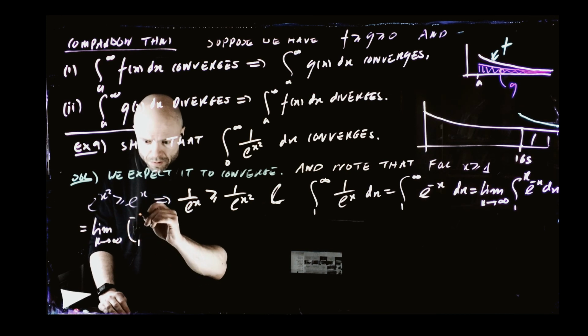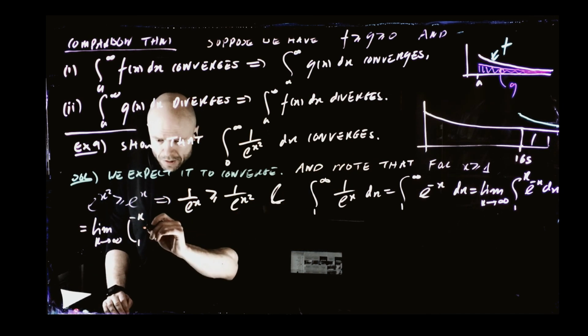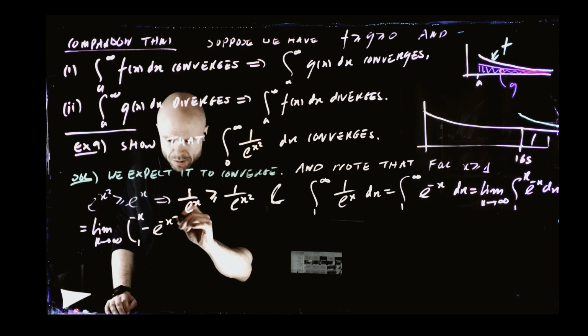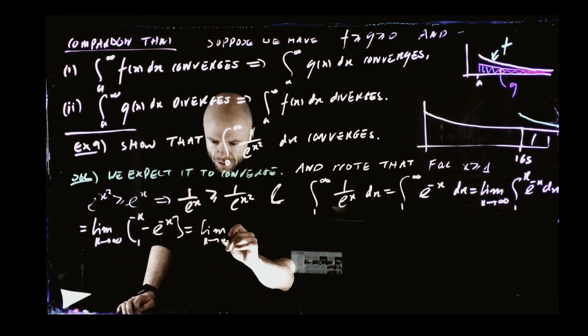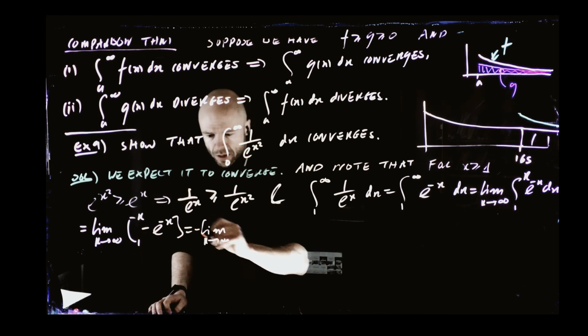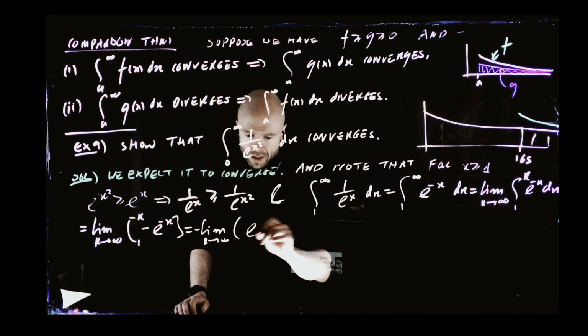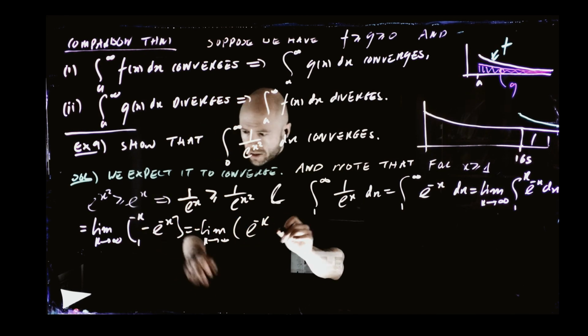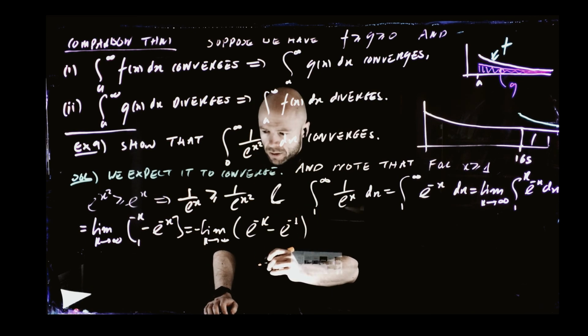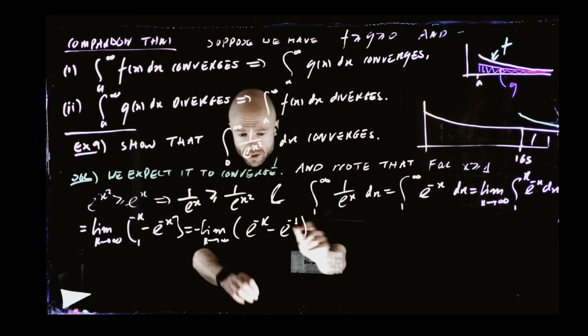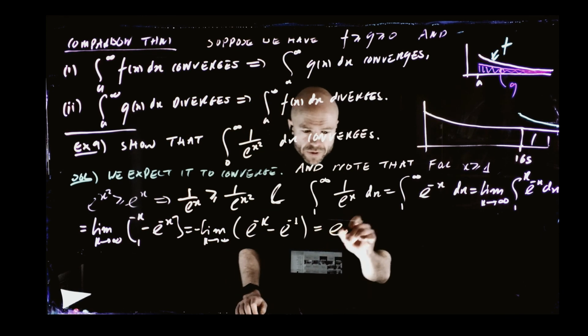The antiderivative of this guy is going to be minus e to the minus x like this. Pull out the minus sign over here. We're going to have this minus e to the minus 1, like this. Yeah? And as r goes to infinity, this thing goes to 0, so this will just be e to the minus 1.